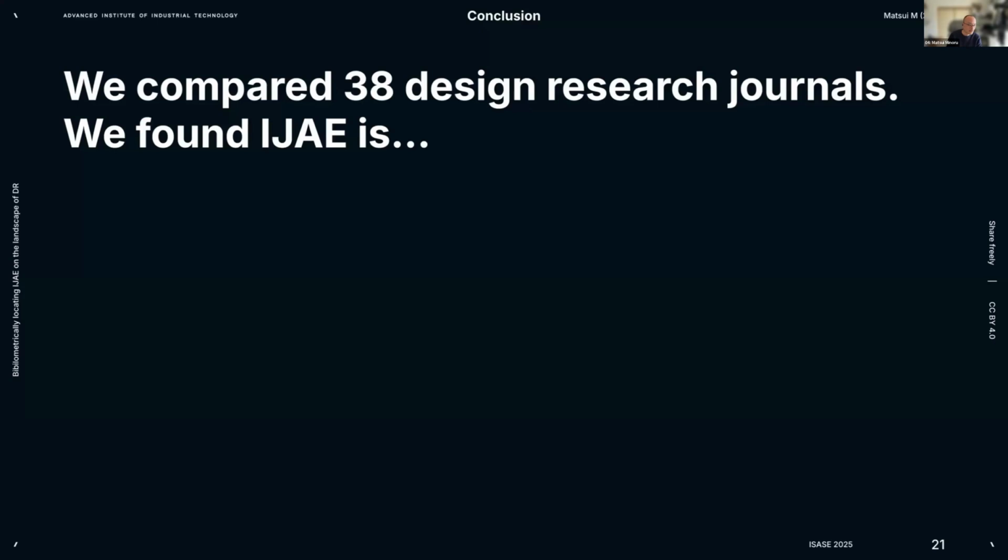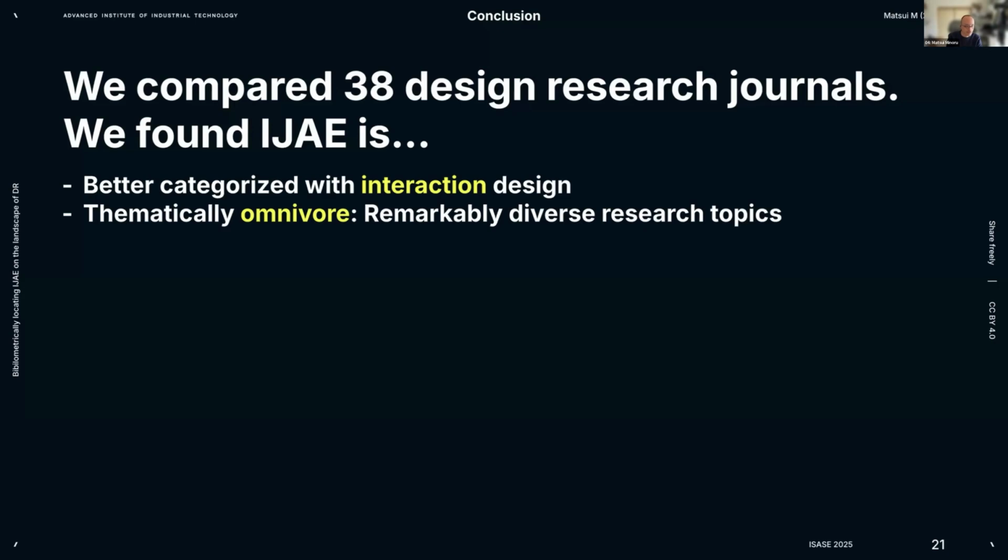So in conclusion, we have compared 38 design research journals, and we have found that IJAE is better categorized with interaction design, thematically very omnivore, and it has remarkably diverse research topics.